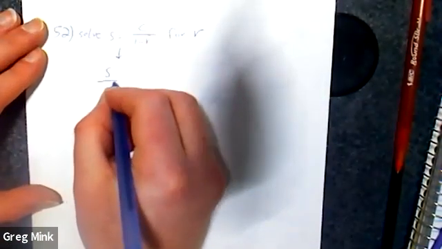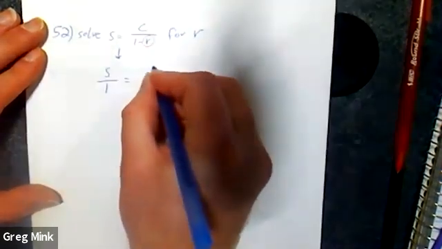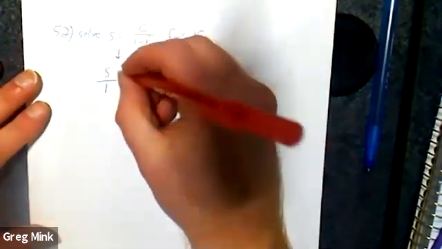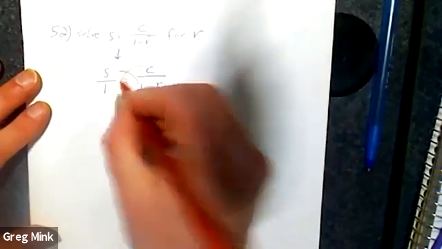I'm going to write s as s over 1 is equal to c over 1 minus r. You may be wondering why I'm doing that. Keep in mind, I'm still trying to get r. If you have a rational equation in which there's only one fraction on each side, there's a nice little trick you may remember from high school called cross multiplication.